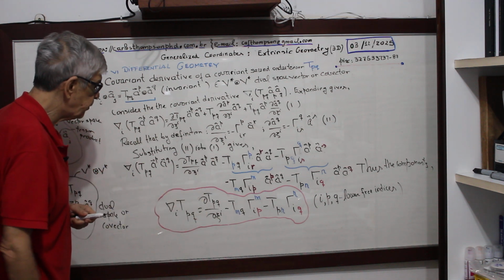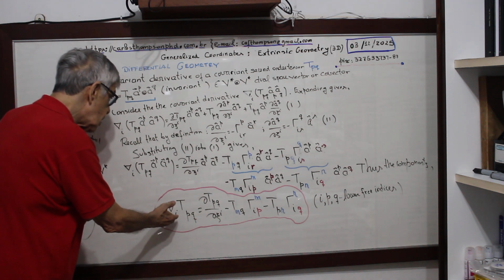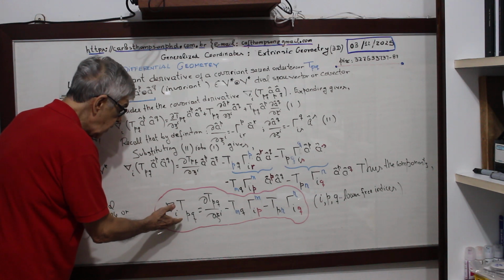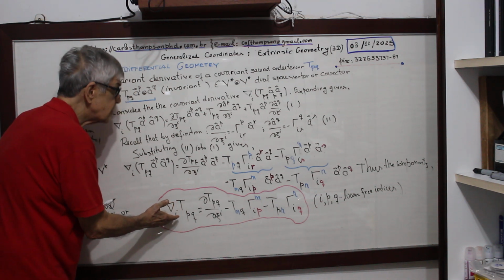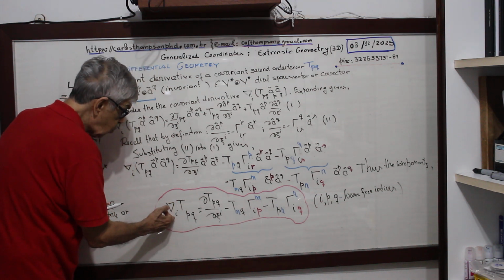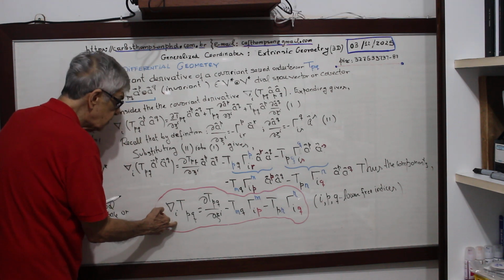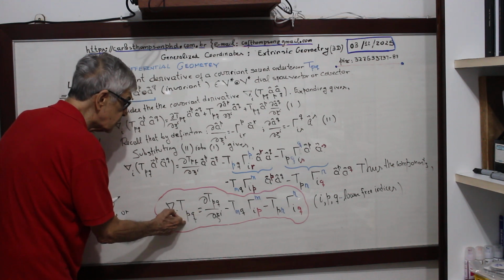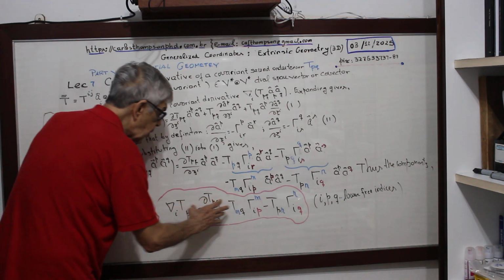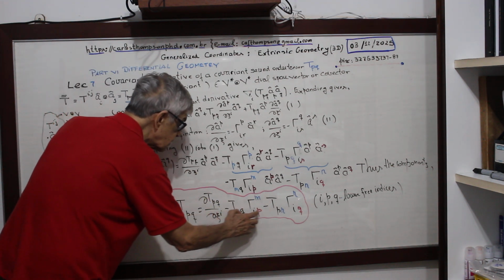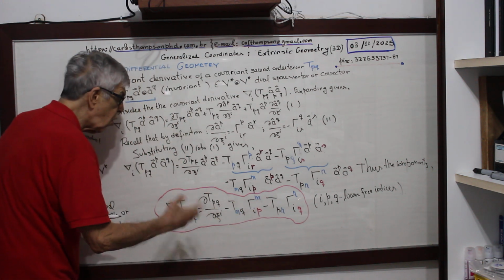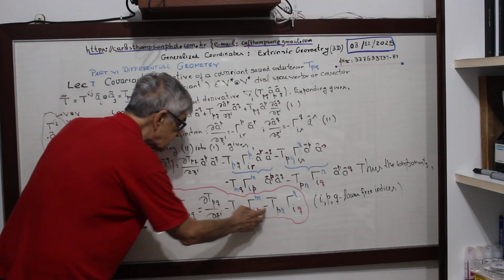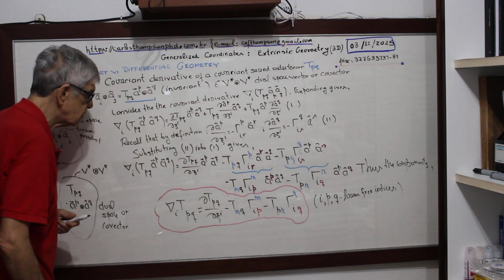So that's ready, okay? So this in this case is the covariant derivative of this tensor over here, the component of this tensor. You see the right-hand side now is minus. Before I got plus, in this case it is minus.